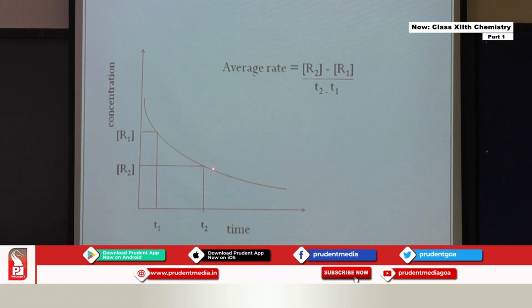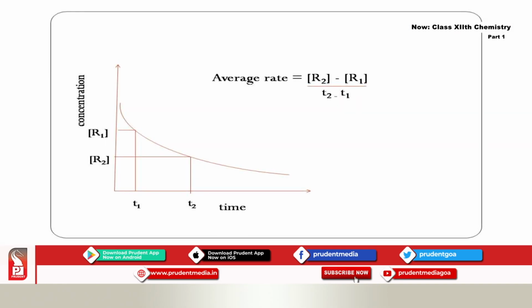When you subtract the final concentration with the initial concentration, that is nothing but delta R, while delta T is going to be T2 minus T1, the time required to reach the final concentration, and T1 is the time required to reach the initial concentration. That's how we calculate average rate.